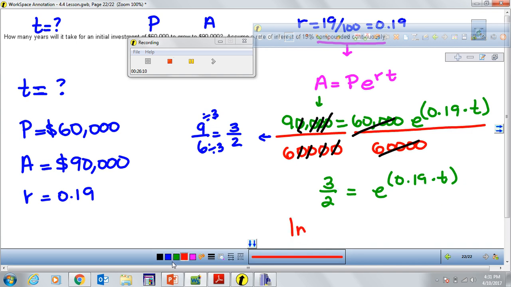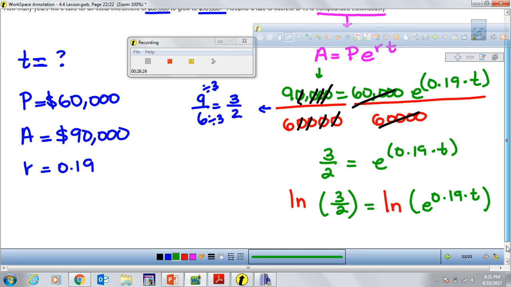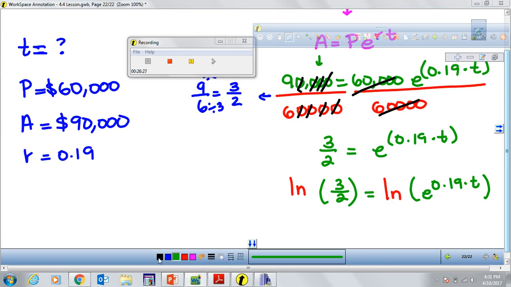Then the only way the exponent can come to the front is by using the natural log. So then the natural log and the E, when they're together with no plus, no minus in between them, they cancel.